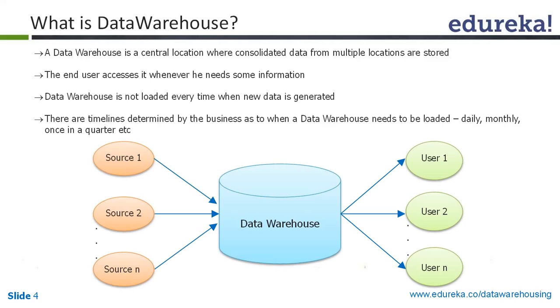This is not a simple feed. There are a lot of calculations, a lot of processing and validations that happen before data is loaded into the warehouse. And at the end, you have multiple users, user 1, user 2 and user n, trying to access this warehouse and get some data and generate the reports.